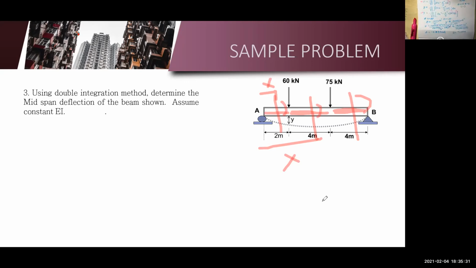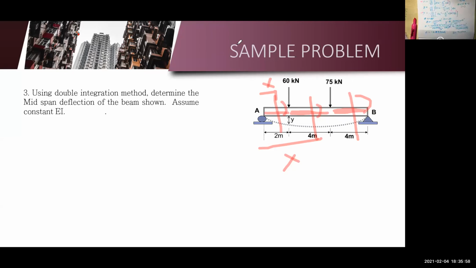So, we have here a shortcut na instead of dividing it into 3 segments and then getting 3 different moment equations, we may just cut it at the 3rd segment, provided na ang gagawin nating pag-integrate is tulad nung ginawa ko kanina, yung namali ako, yung hindi mo siya i-integrate per constant.